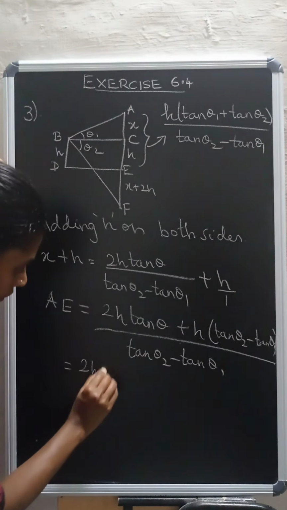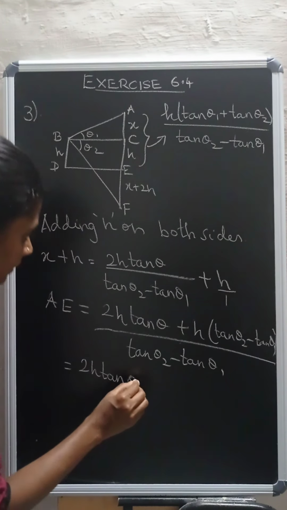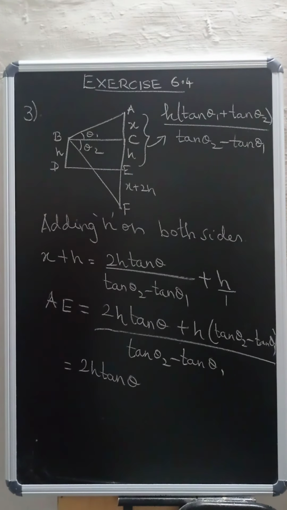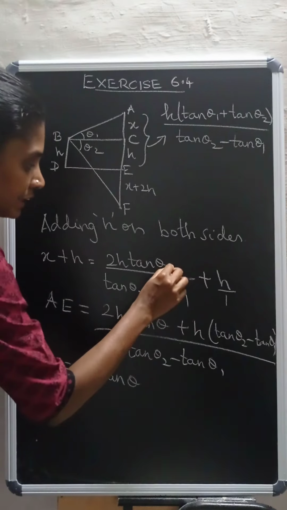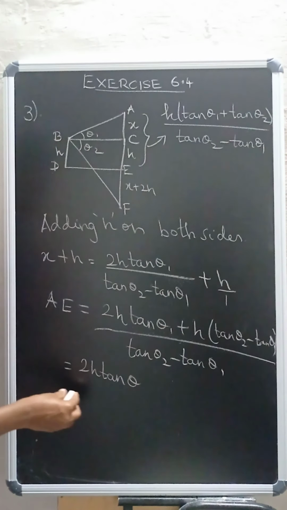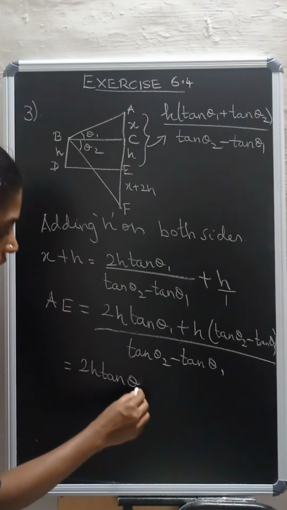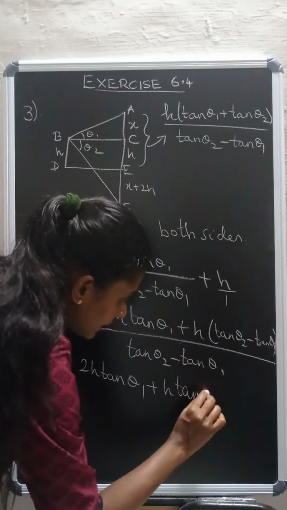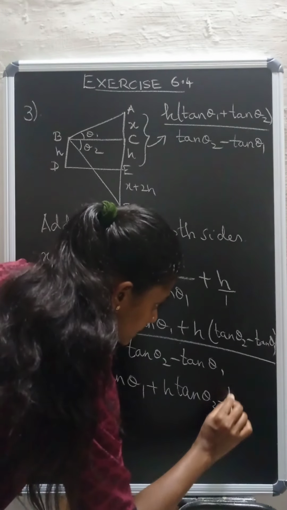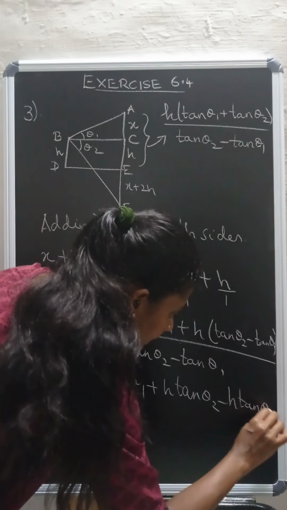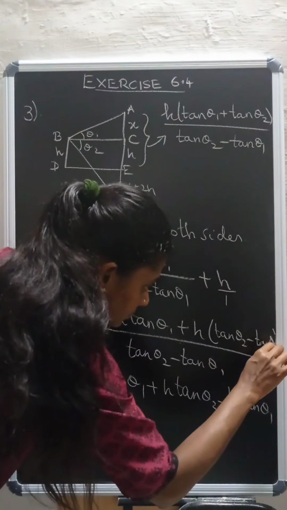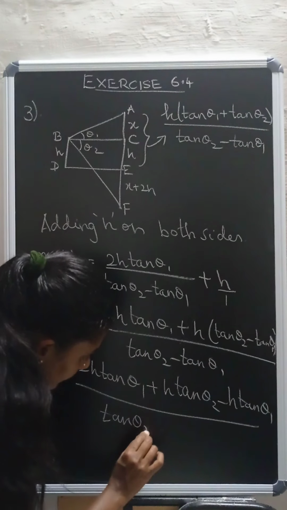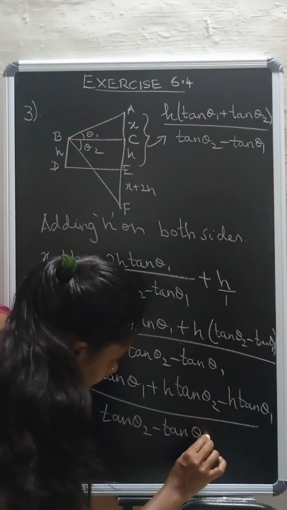That is 2h tan theta 1 plus h tan theta 2 minus h tan theta 1, divided by (tan theta 2 minus tan theta 1).